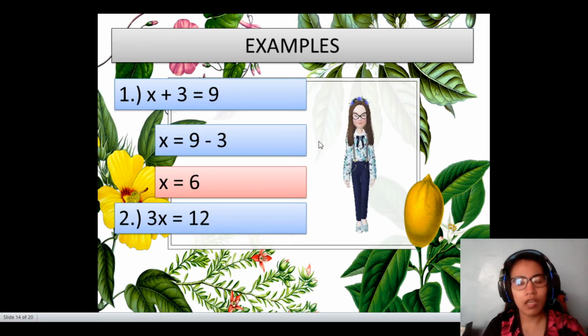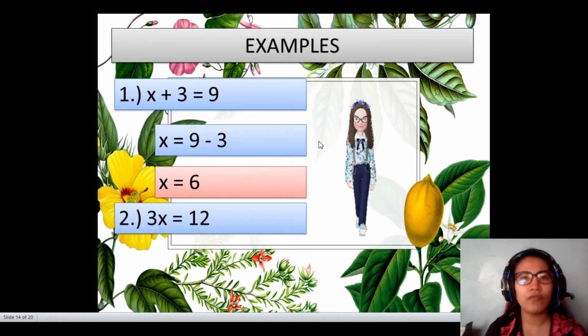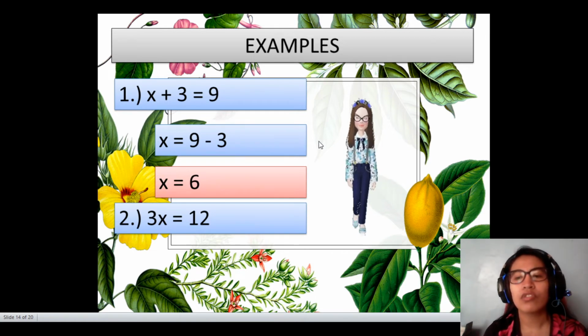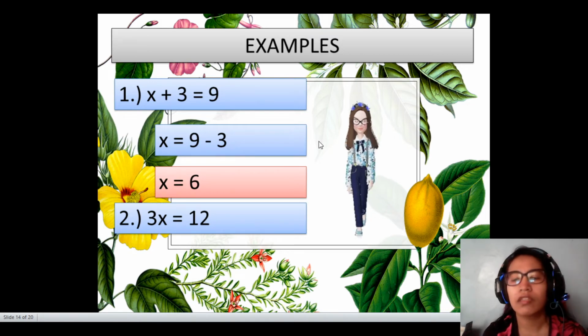Another example, if I have 3x equals 12, this time your variable has a numerical coefficient beside it. So the only thing to do is to divide both sides by the numerical coefficient that is given to you. So I just divide both sides by 3.